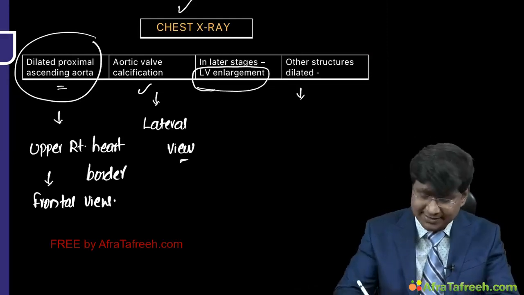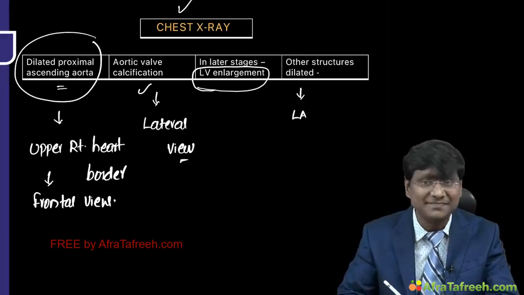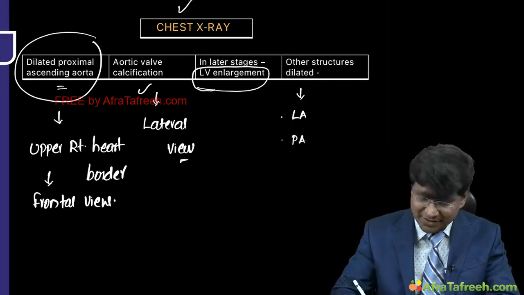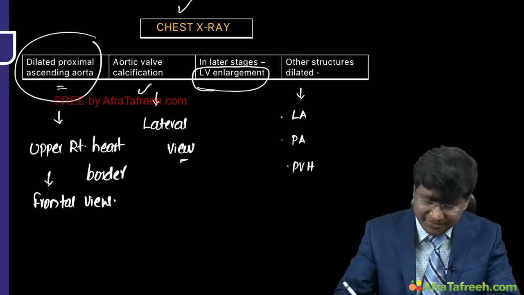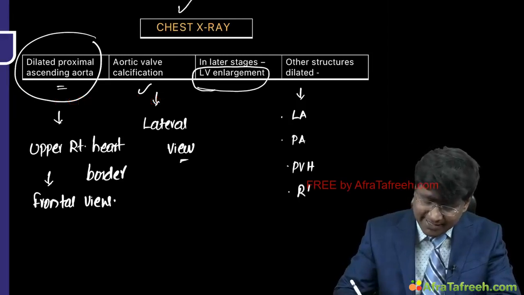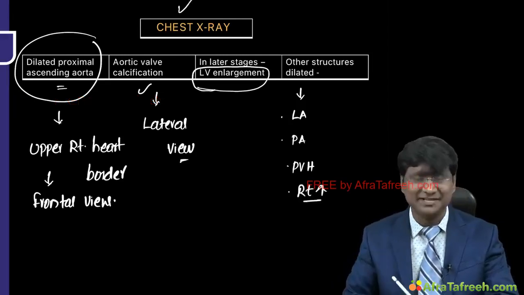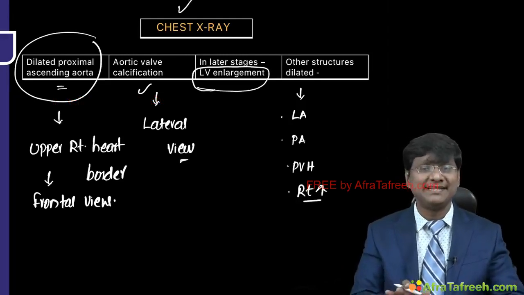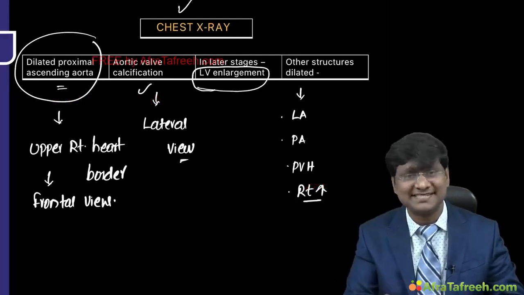What are those? There will be LA enlargement, enlargement of the pulmonary artery. You can also observe the presence of pulmonary venous hypertension, and there can also be enlargement of the right-sided chambers. So these are the other structures which are dilated that you will observe in the chest X-ray.